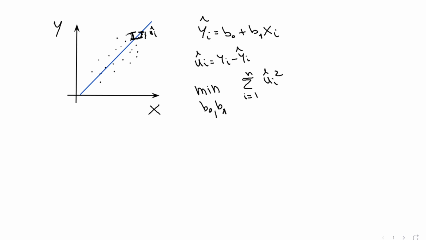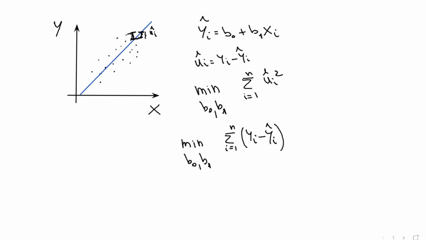So to finish setting up the problem, all that we have to do is replace each of these fitted residuals by their definition, which, remember, is just the true y minus the prediction that I made. So we're going to be minimizing, by choosing b0 and b1, the sum from i equals 1 to n of the true y minus the predicted value of y.